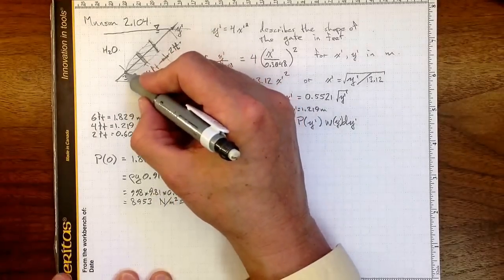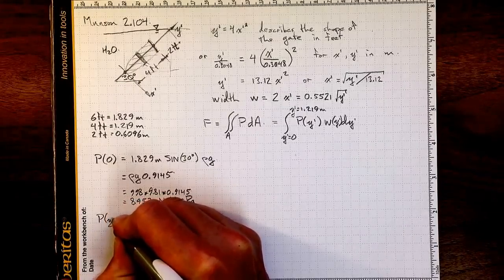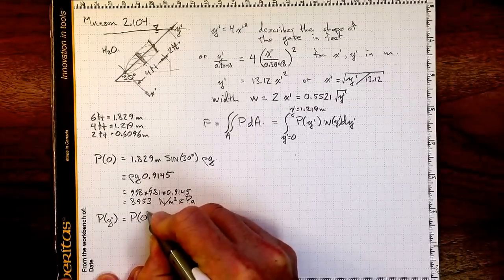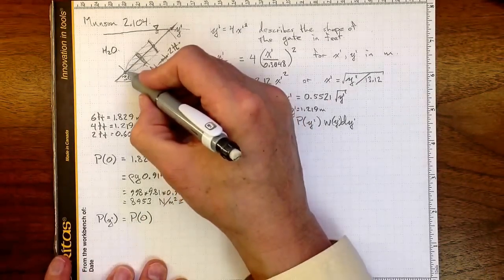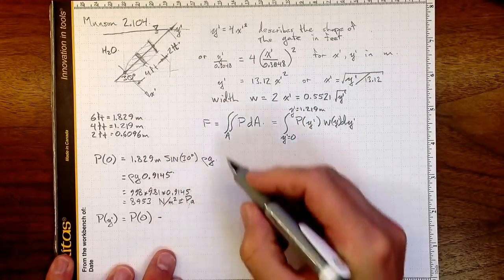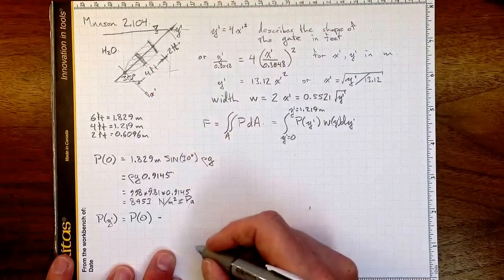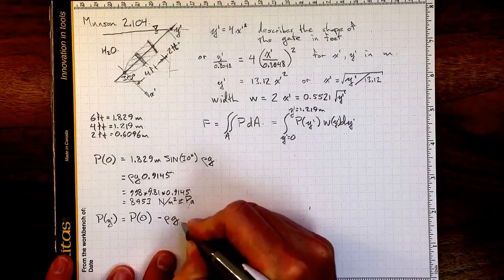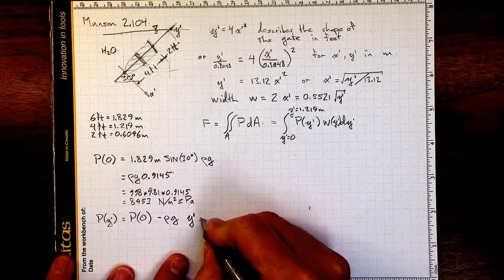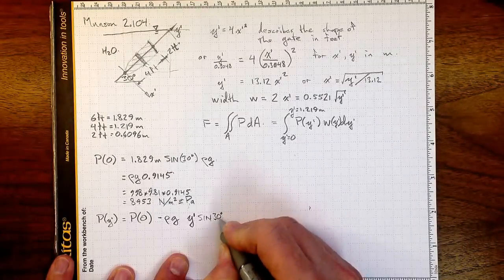How does the pressure change with y prime? Well, the pressure as a function of y prime will be equal to P at y prime equal to 0, and it's going to decrease as y prime increases, so minus, and the distance under the water is decreasing with increasing y prime, so rho times g times y prime sine 30 degrees, right?